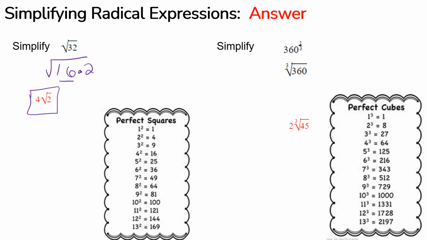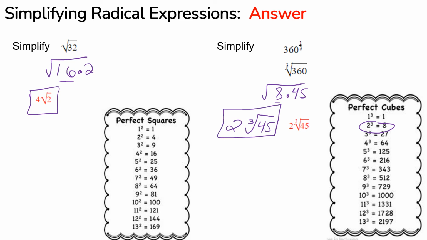You try to find two factors of 360 where one is a perfect cube, and we could use 8. 8 times 45 will give me 360, and the cube root of 8 is 2. And I have to bring over that index of 3, and 45 would be left underneath my radical. Hopefully you got those correct, and if you did not, hopefully you understood what you did wrong.